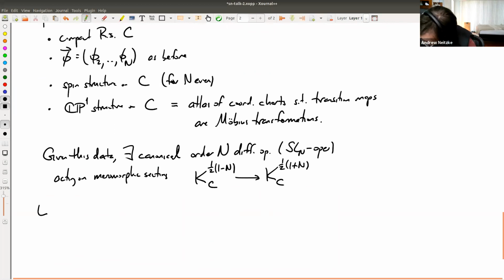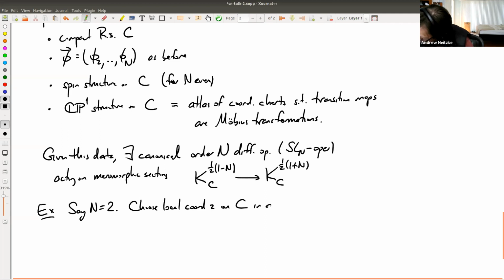So just an example. Suppose n equals 2. Then to write it concretely, let's choose a local coordinate z on C in the atlas given by the complex projective structure, the one I mentioned above.